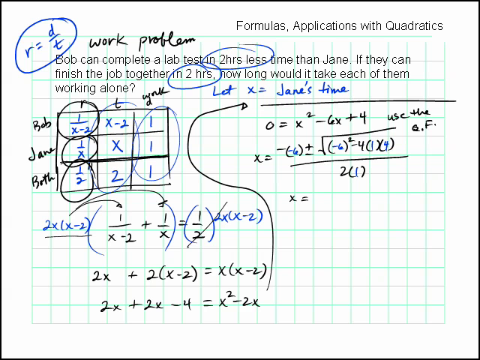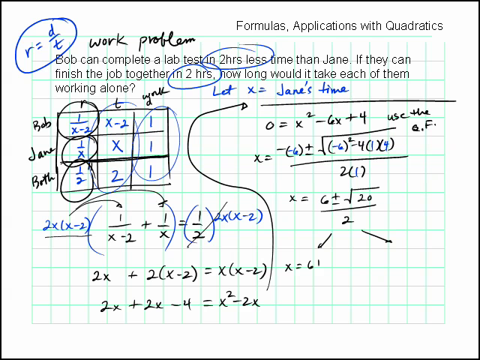Simplifying now, we have positive 6 plus or minus the square root of 36 minus 16, which is 20, all over 2. Now I'm going to want a decimal approximation to this, so I'm not going to bother simplifying square root 20. I'm just going to split this into two parts.